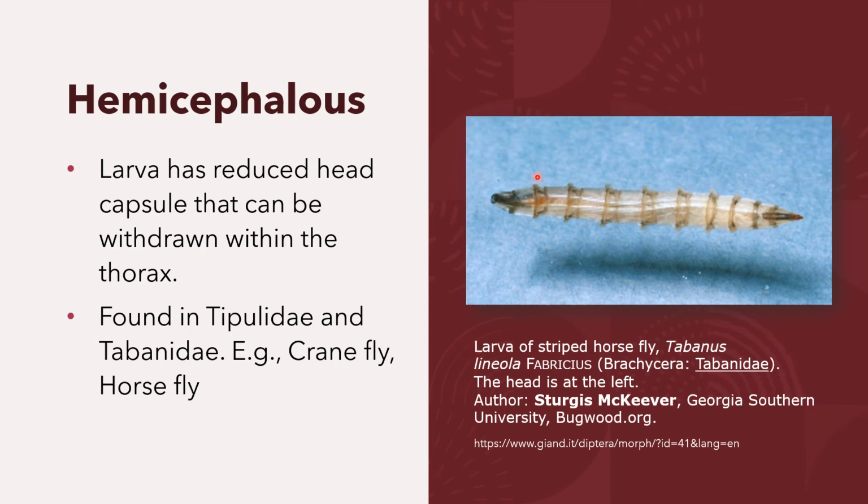This diagram shows the larva of the striped horsefly, Tabanus lineola. The Tabanus lineola is under the suborder Brachycera of the family Tabanidae. Of course, that is under the order Diptera. The head is at the left.